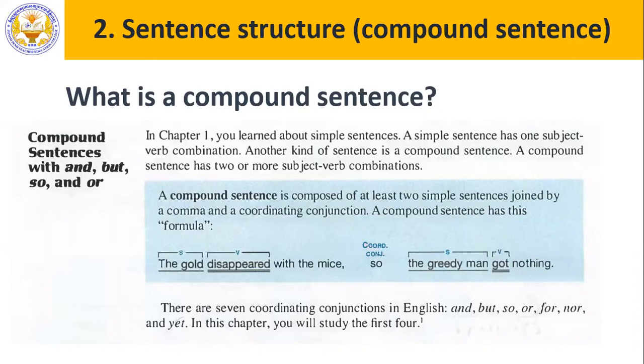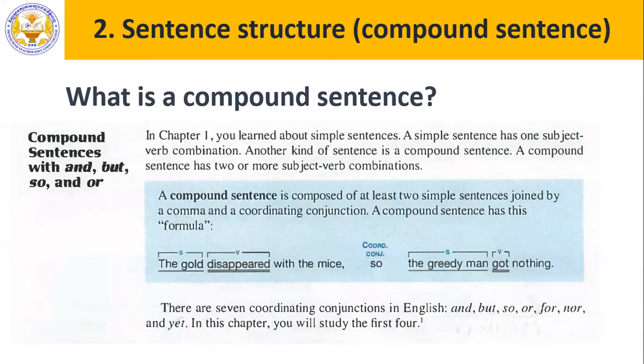Now, what is a compound sentence? A compound sentence is a kind of sentence that has 2 simple sentences combined together by a comma and a coordinating conjunction. Alright, look at the example.